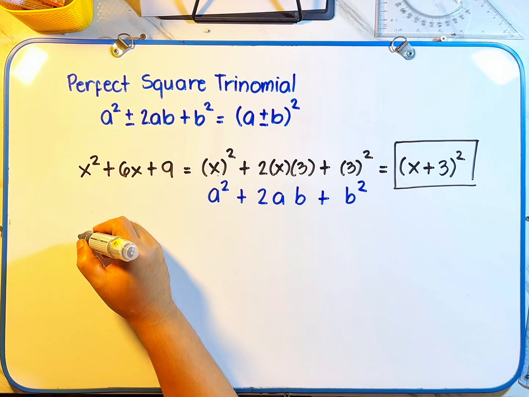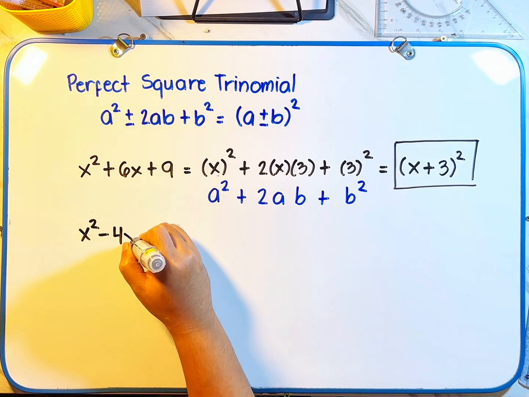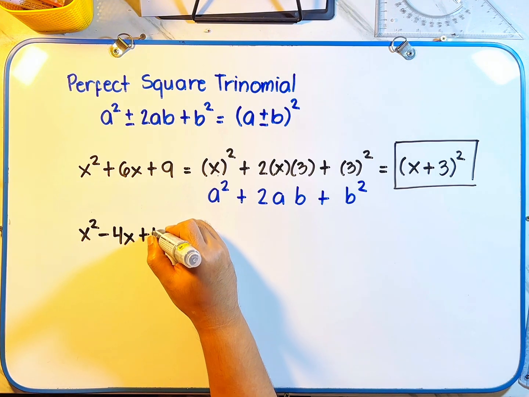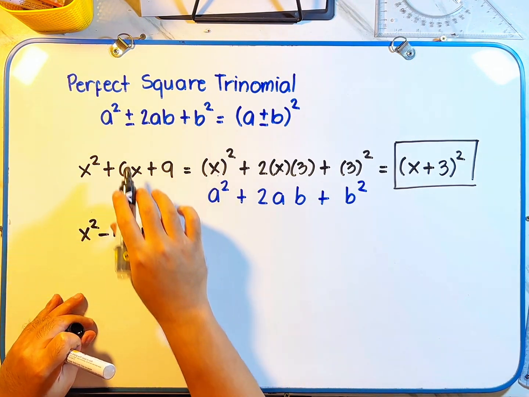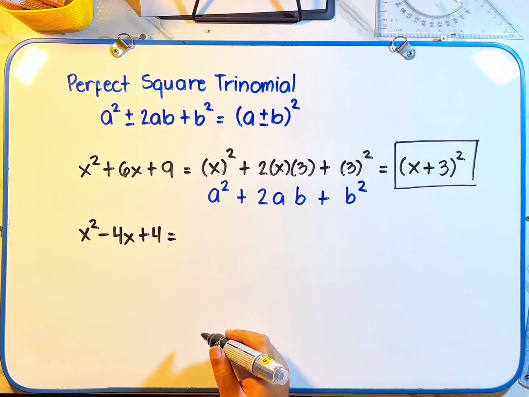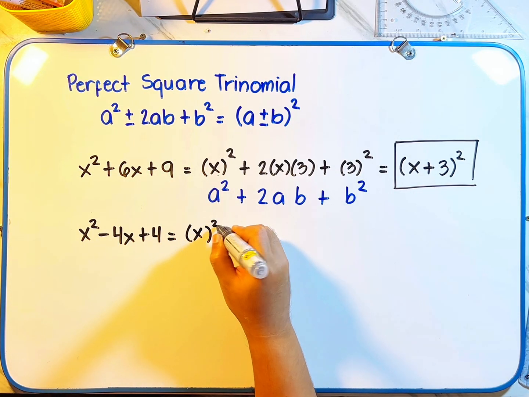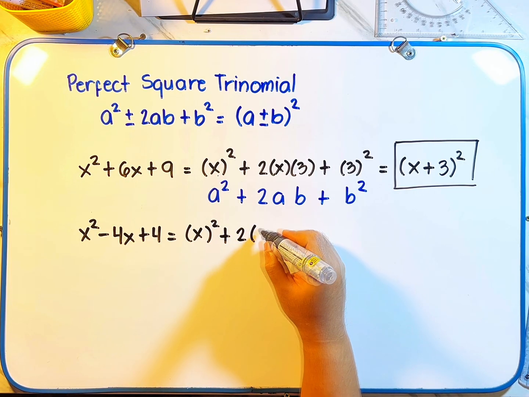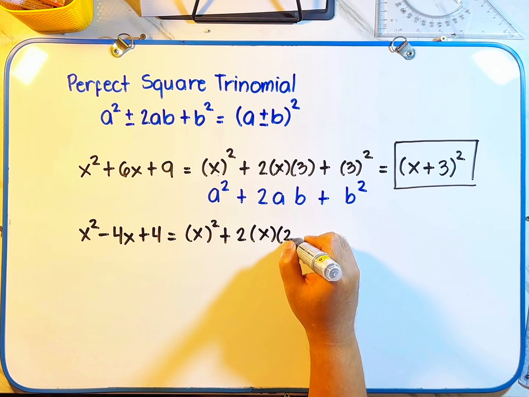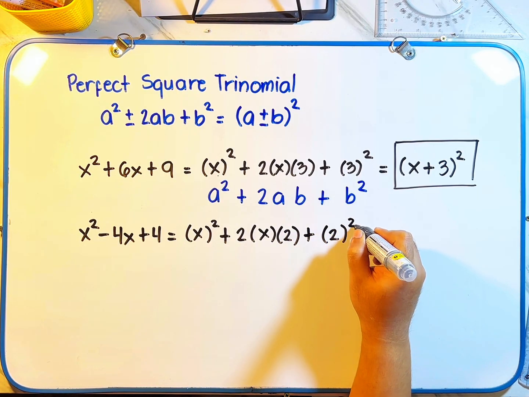Another one. x squared minus 4x plus 4. Okay? So let's express this as a perfect square trinomial expression. So we have x squared and then plus 2 times x times 2 and then plus 2 squared.